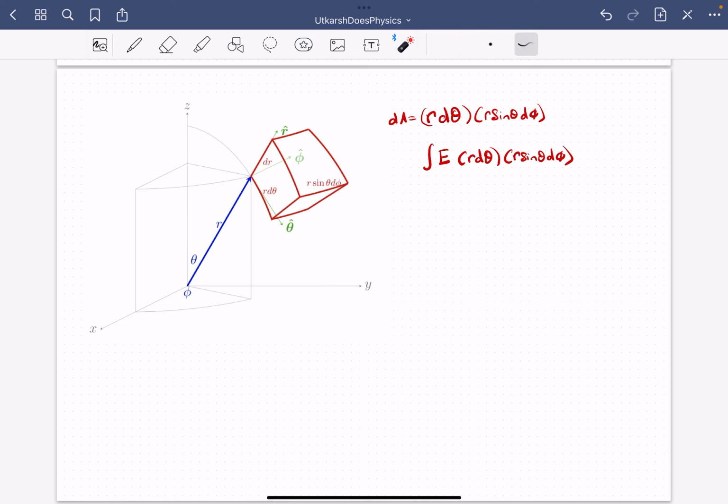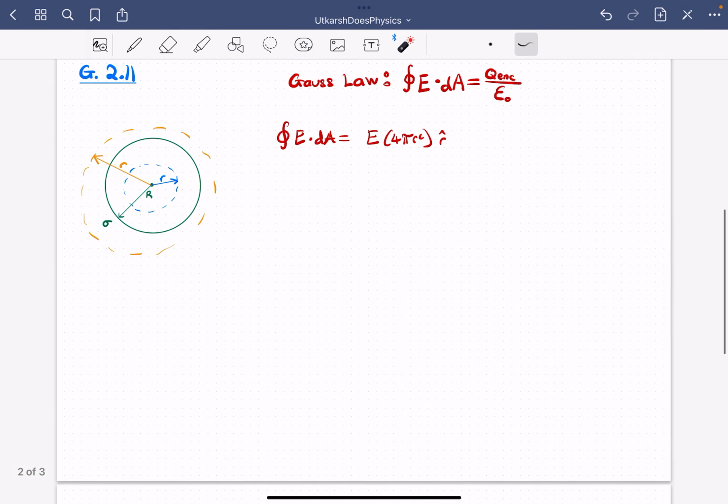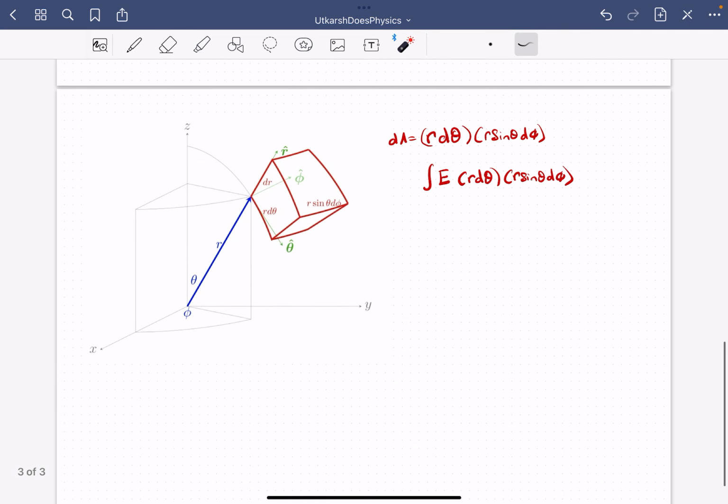And we're going to integrate E dot dA, so E r d theta, r sine theta d phi. And we do this because E is spherically symmetric. Again, if we calculate it in this direction, we'd get the same values if we calculate it in this direction and this direction. So we're exploiting the spherical symmetry here, so we can only do two integrals. Writing this out now, we once again have E r squared sine theta d phi.